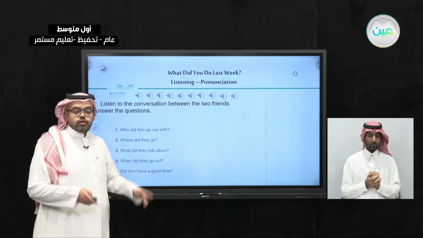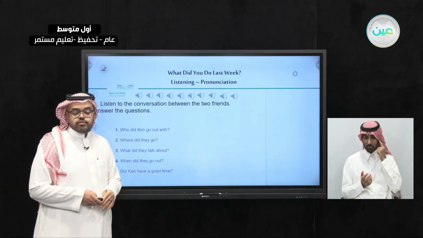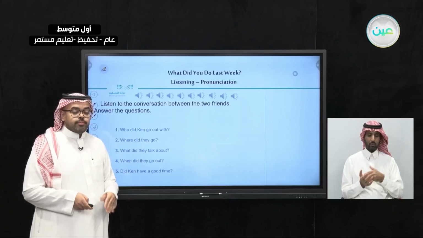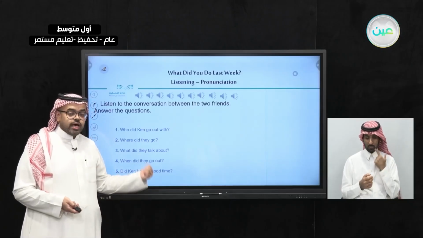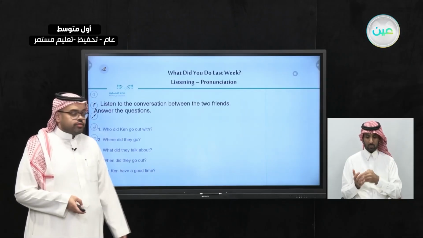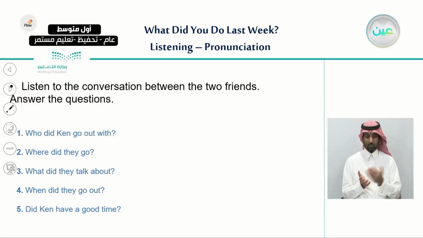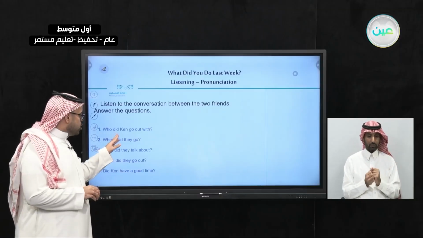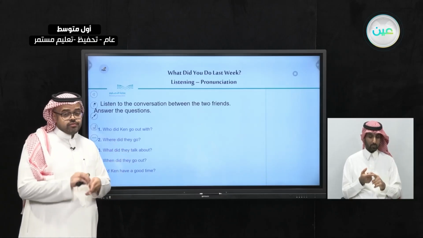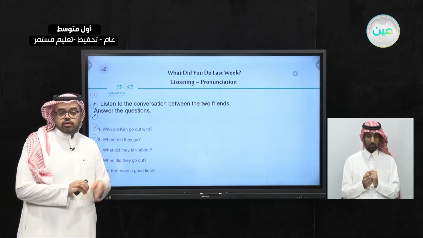Very well. So now we have listened to this conversation for the last time. Now it is time to write down the answers to these questions. So let's start with the first question, which is, who did Ken go out with? So here we have a specific person that Ken went out with.